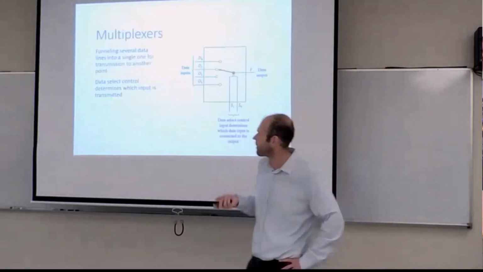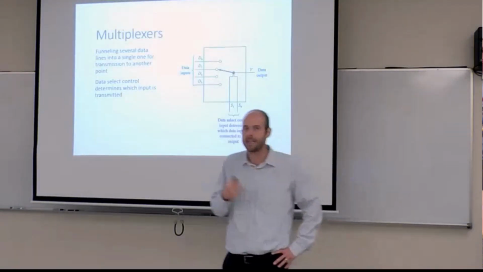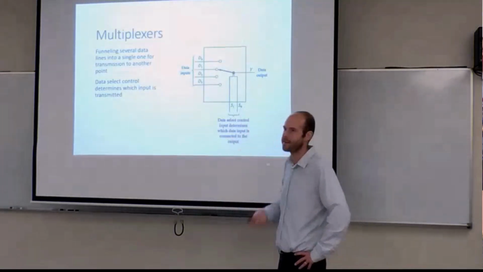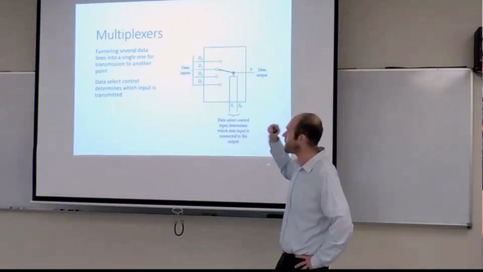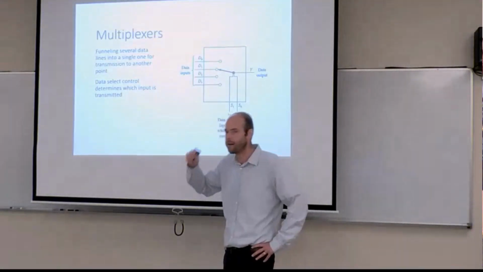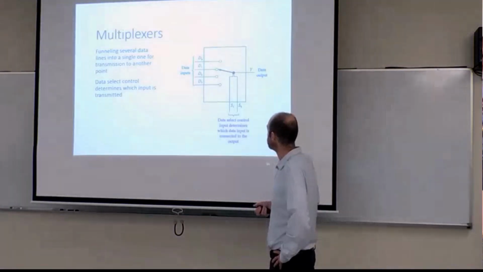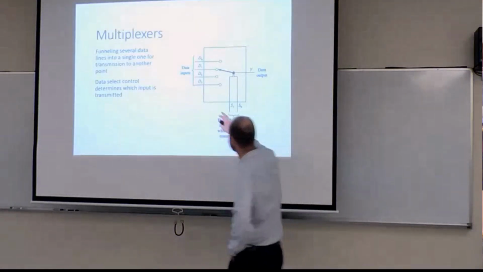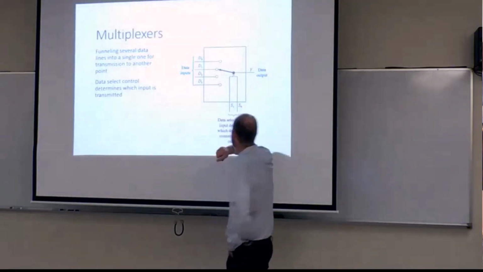Okay. One last topic item is the idea of multiplexing and demultiplexing, and this will tie back to 7-segment displays in a moment. But multiplexers are devices that funnel one of several inputs to a single output. In this particular case, this multiplexer has 4 different data inputs.